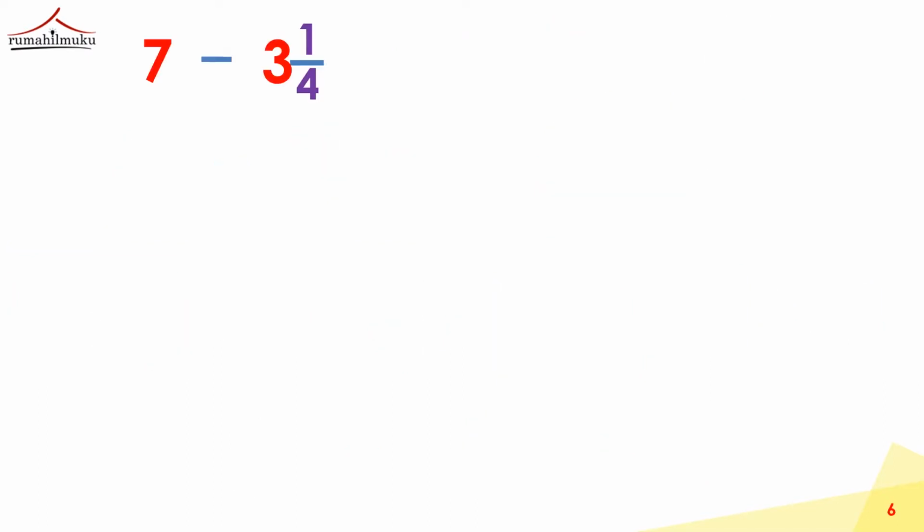Now let's use the exact same method in a different problem. 7 wholes minus 3 wholes and 1/4. So 7 wholes can be said as 6 wholes plus 4/4, minus 3 wholes plus 1/4.